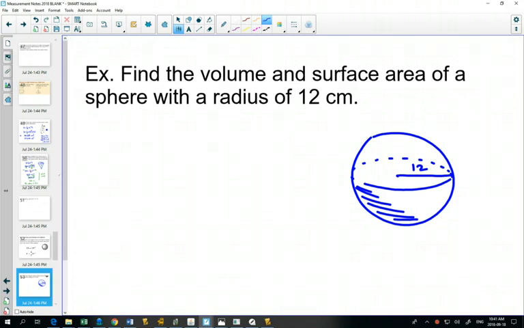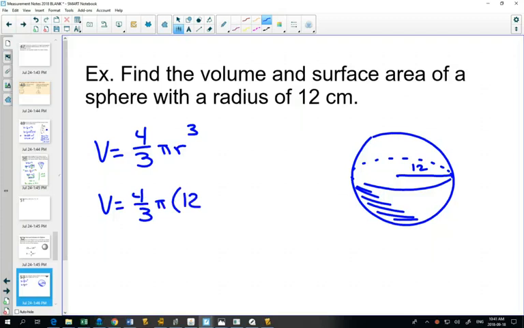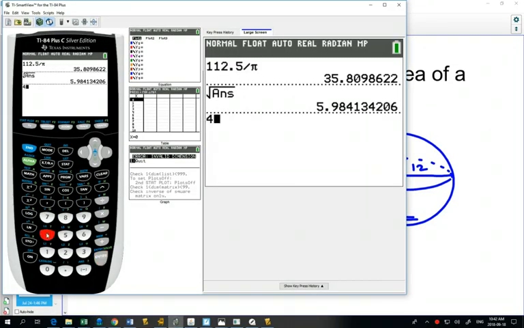So if we want to find the volume, our formula is 4/3 pi r cubed. We plug in everything that we know. We know the radius. And with our calculator, we can type this all in at once. So I go 4 divided by 3 pi. My radius is 12 cubed.